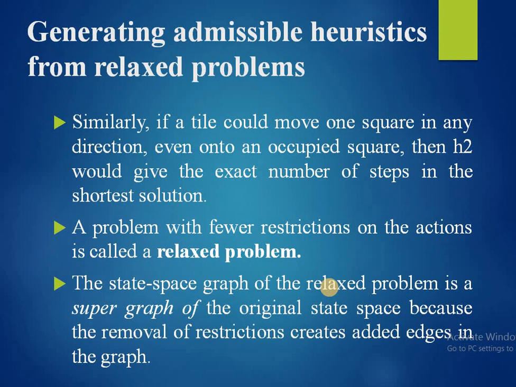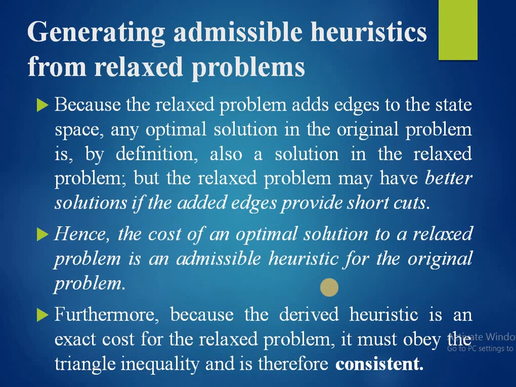The state space graph of a relaxed problem is a supergraph of the original state space, because the removal of restrictions creates added edges in the graph. Because the relaxed problem adds edges to the state space, any optimal solution in the original problem is, by definition, also a solution in the relaxed problem.